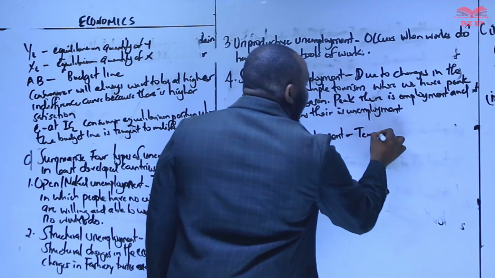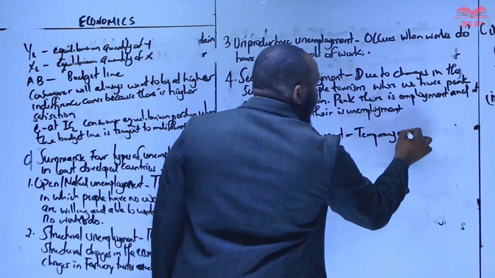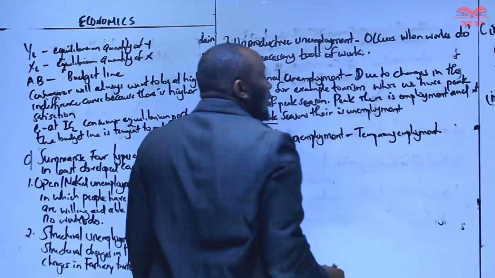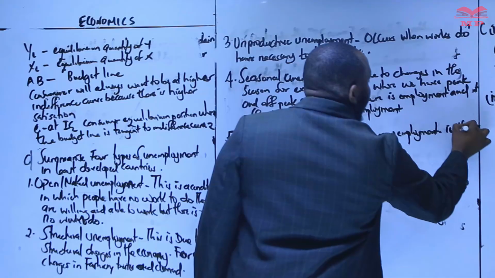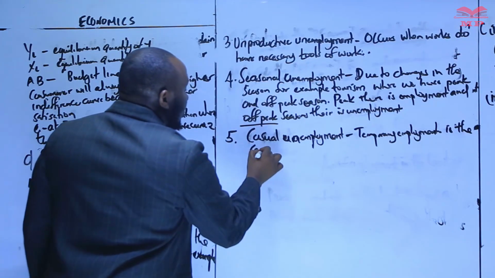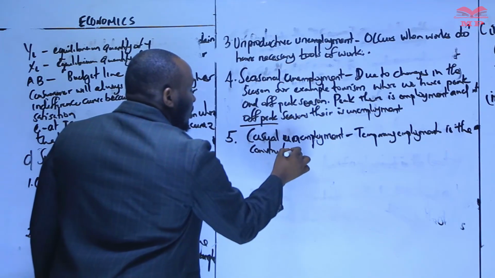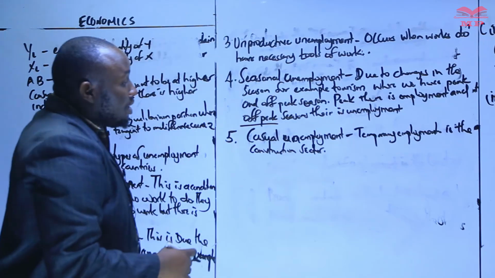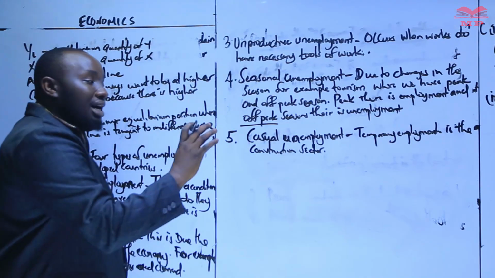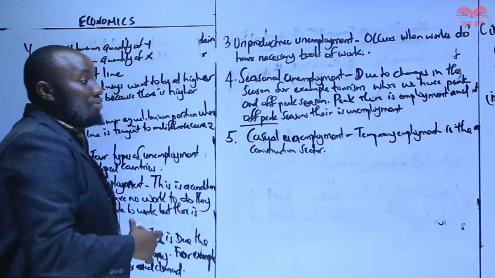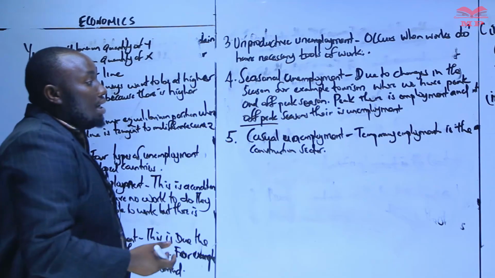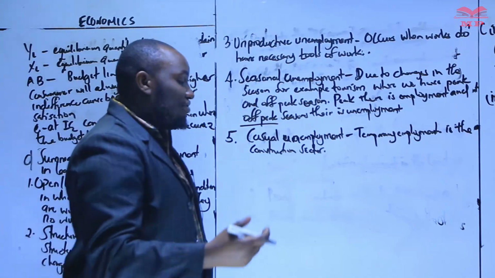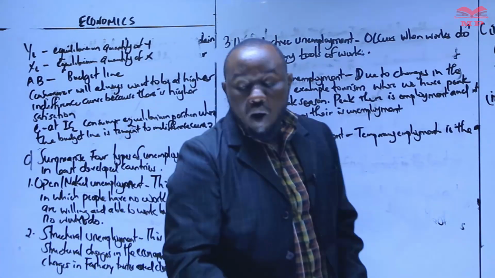We call it temporary employment, for example in the construction sector. When you talk about construction of roads, this is casual employment where you have workers for a particular time. They are very temporal, and after that time, the individuals engaged in such work will lose the work.